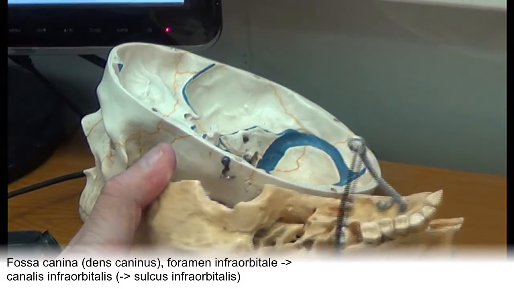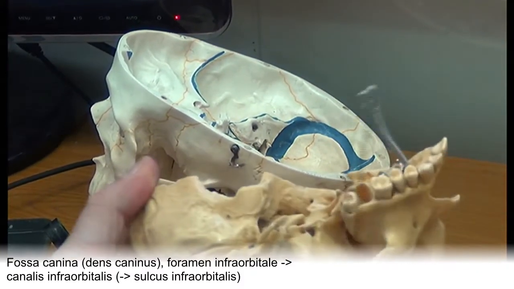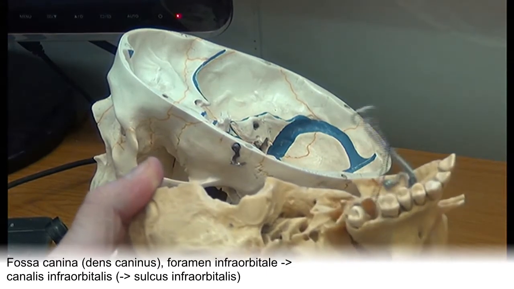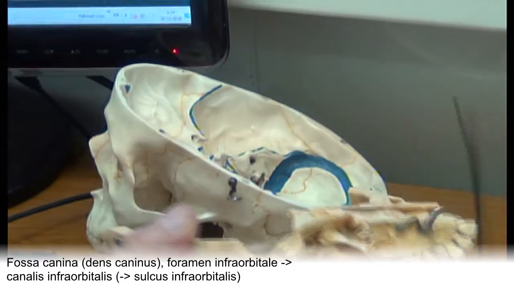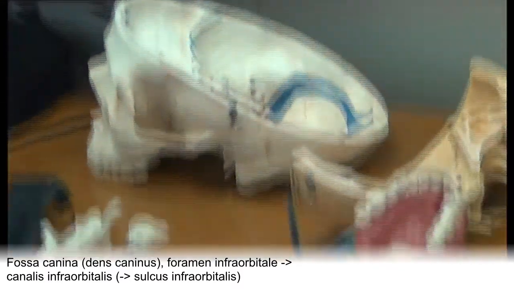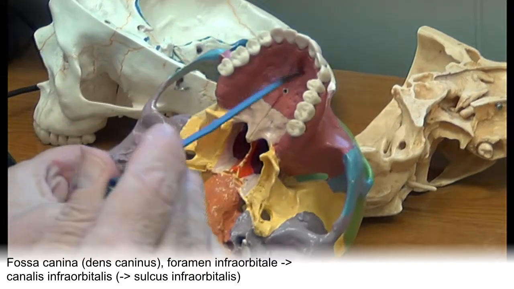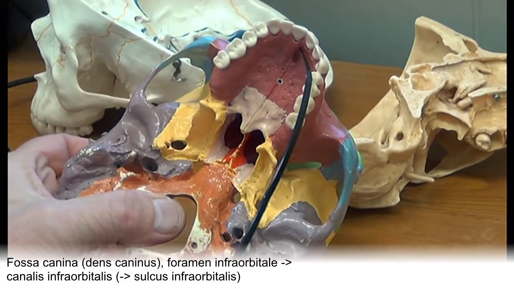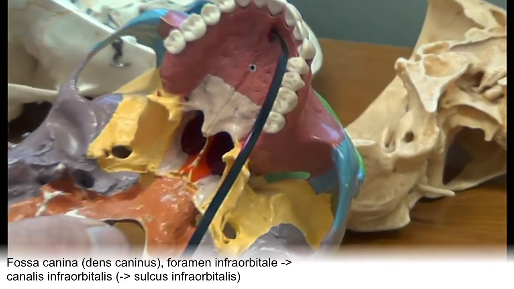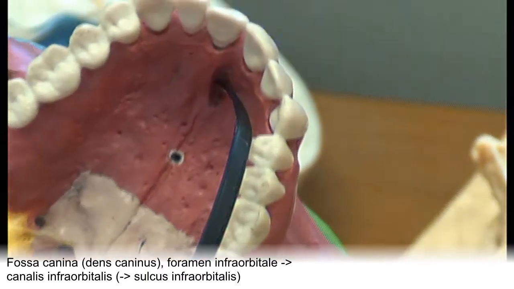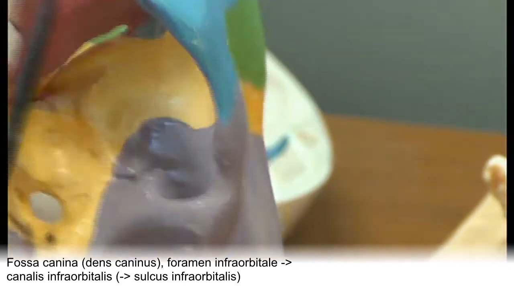canalis incisivus. It's difficult to demonstrate it here because this specimen misses us to find it. So I change the specimen, and here I'd like to demonstrate to you canalis incisivus.